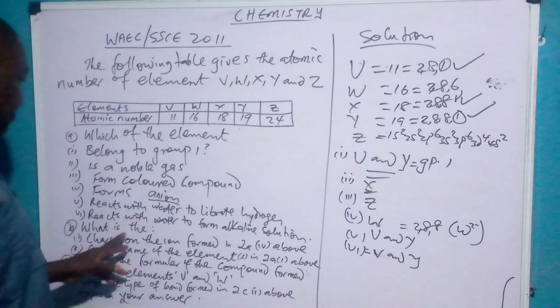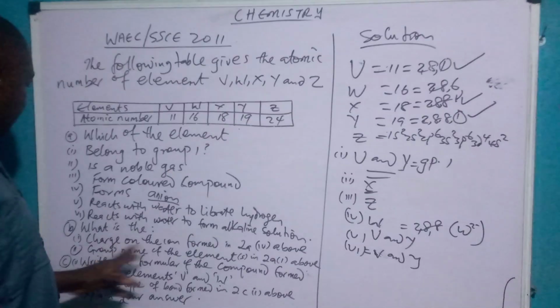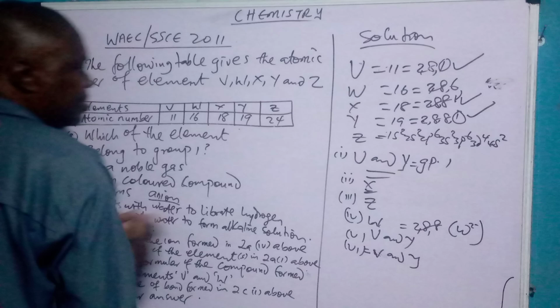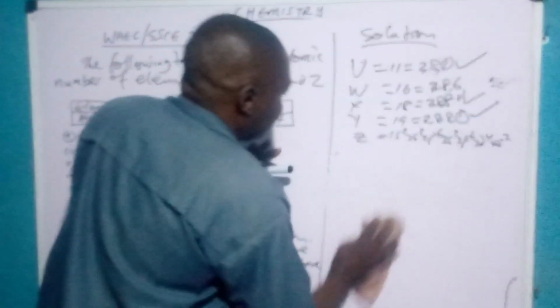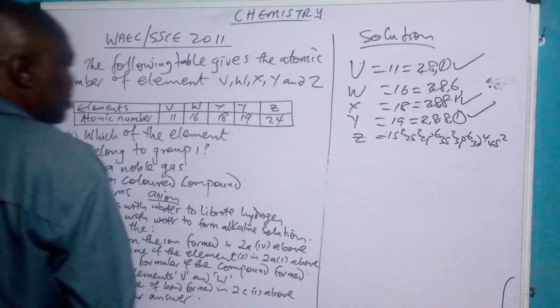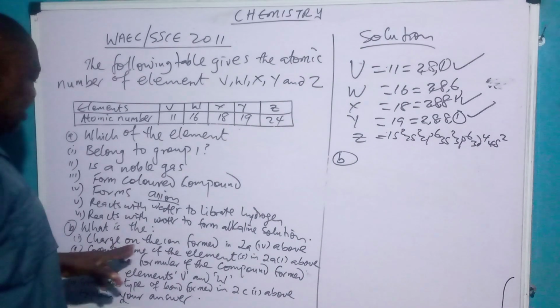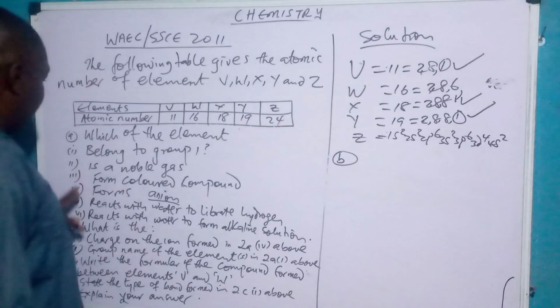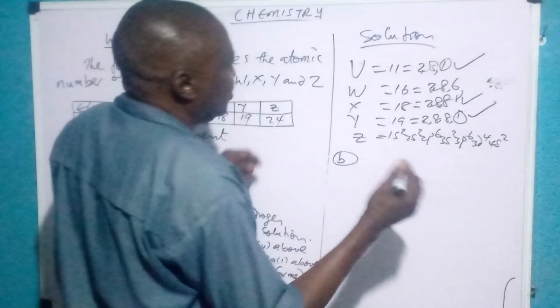Then B. So we are done with this. Let's erase it. I'm done with the first one. Then B. What is the charge on the ion formed in 2A4 above? 2A4 anion. We already wrote it.